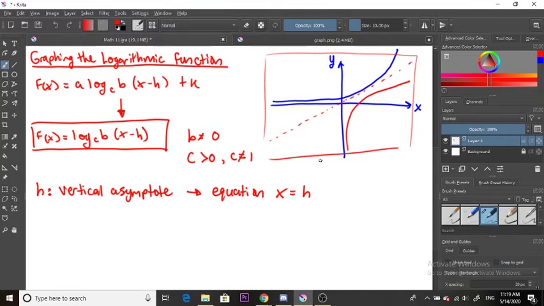So you can determine the vertical asymptote for this guy here. For the basic function, the vertical asymptote is your y-axis, but sometimes this will be shifted over and you might have a vertical asymptote here or a vertical asymptote here.